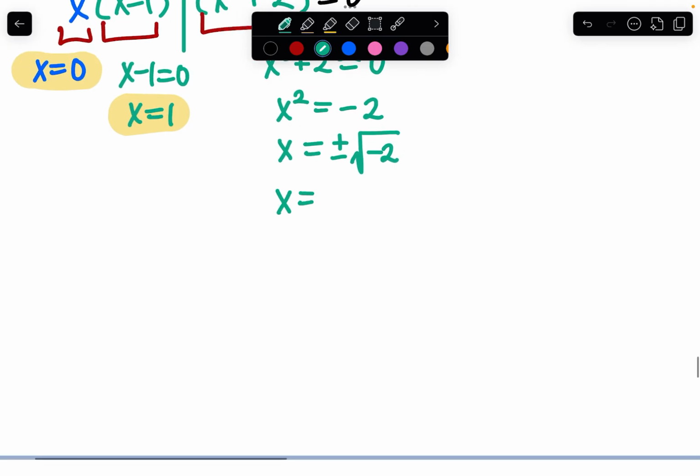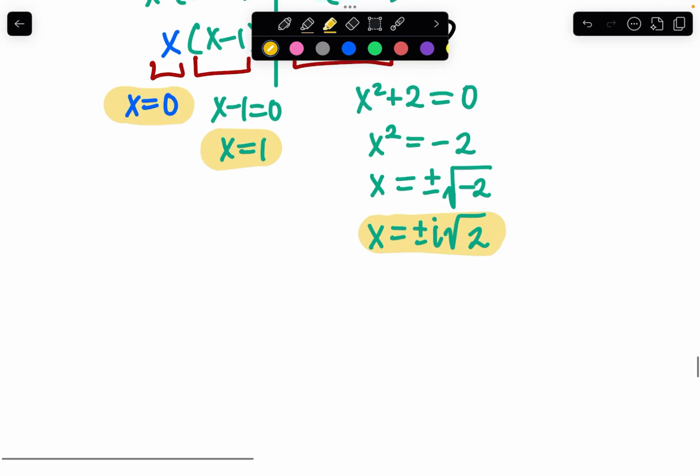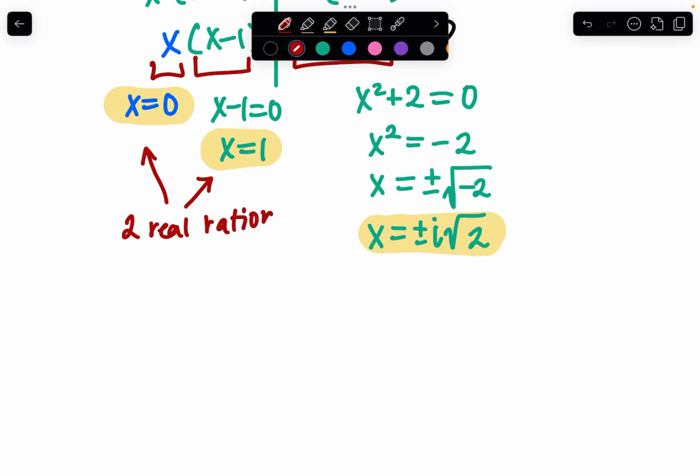From there, we just need to simplify. That would be i root 2. Okay, and so 2 of my solutions are real and rational. The two solutions, positive and negative i root 2, are both imaginary, purely imaginary. There's no real part to them.